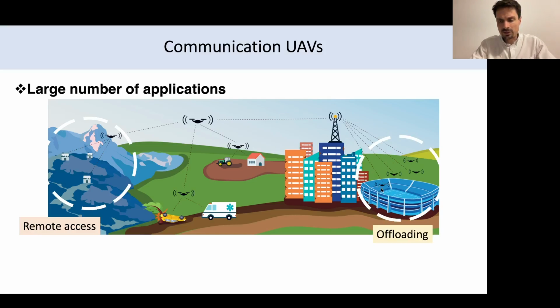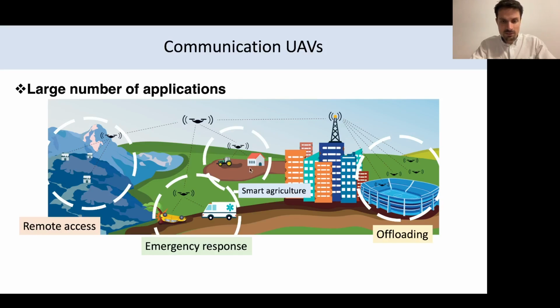They can also offload the terrestrial base station in situations where a large number of users are in a small area. They can be used to establish connectivity in emergency scenarios, in remote locations, and very promptly, right? And they also have many other applications, such as smart agriculture.